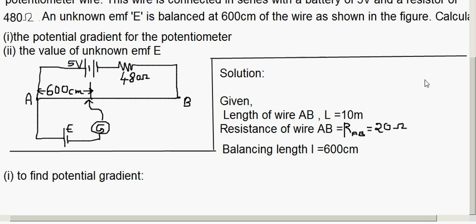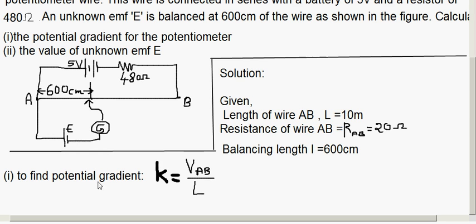according to the principle of potentiometer, the potential gradient K can be written as K is equal to, if voltage across the wire of length AB is VAB, VAB divided by L, because it is voltage per unit length.